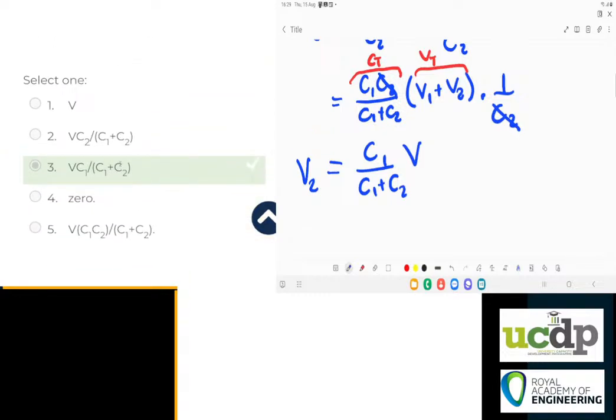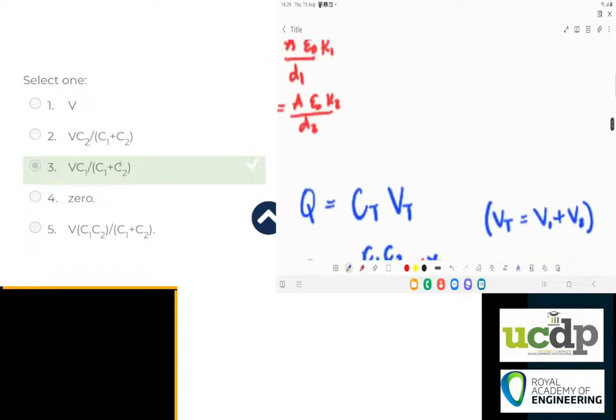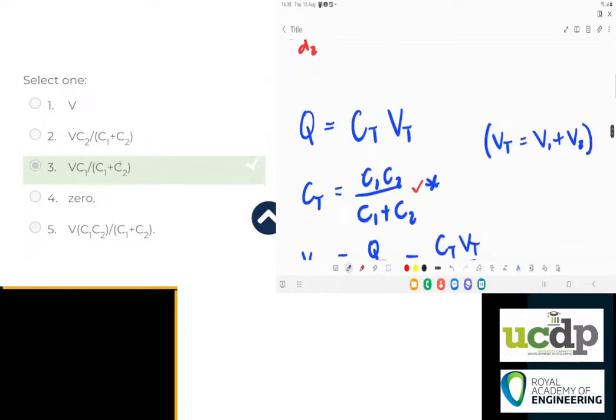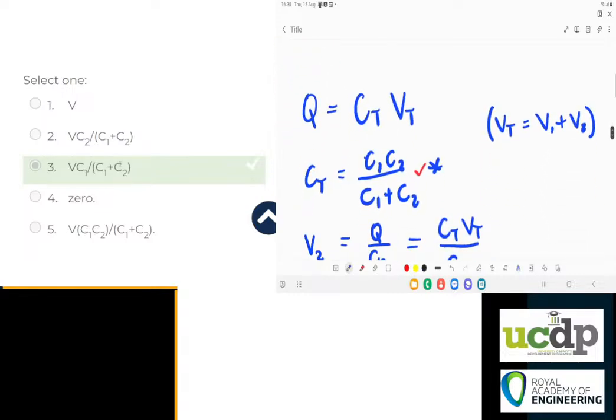So the same principle where we said we need to first find the total, to know that the total charge in the system doesn't change, but also express our total capacitance considering the capacitors that are in series.